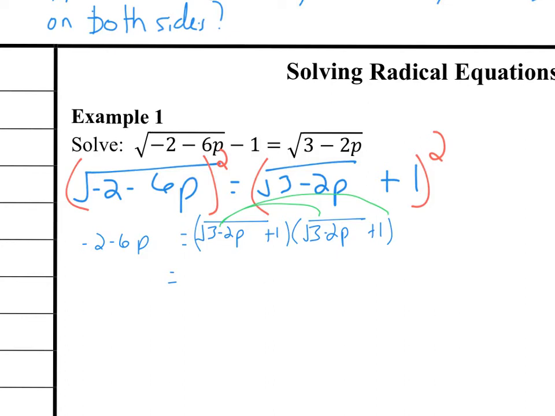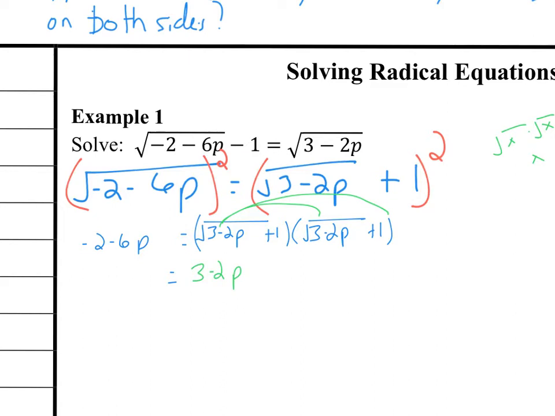When I multiply a radical by the exact same radical, it ends up becoming that whole thing squared. So like square root of x times square root x just becomes x, square root 4 times square root 4 just becomes 4, and so on and so forth. We will end up with no radical and just 3 minus 2p. That's the nice part of it.